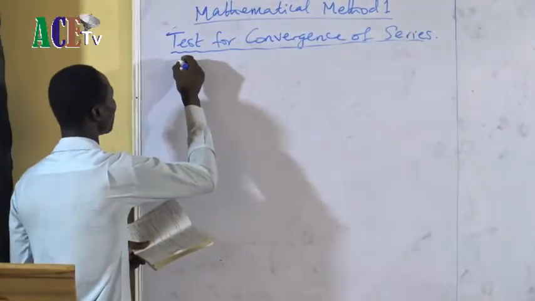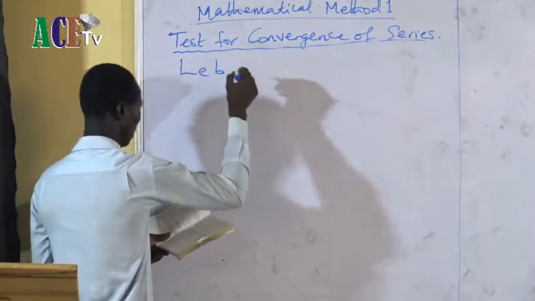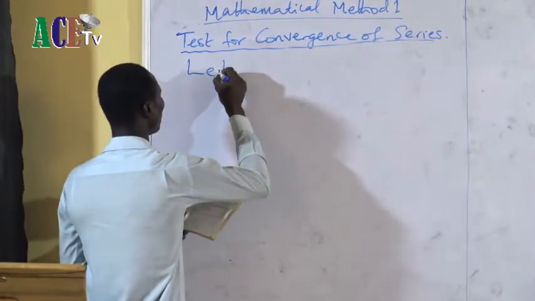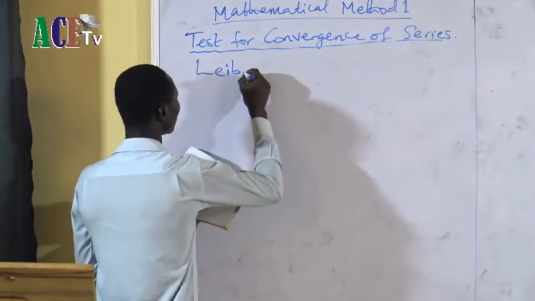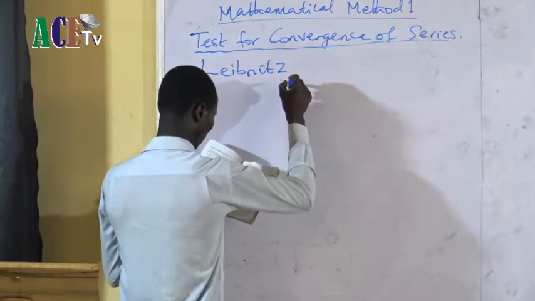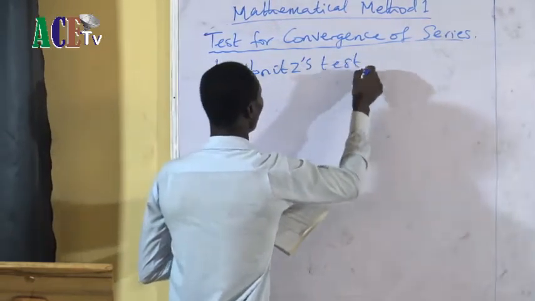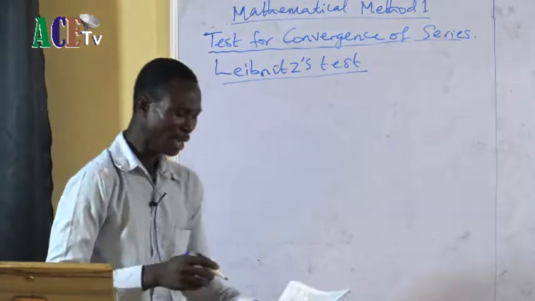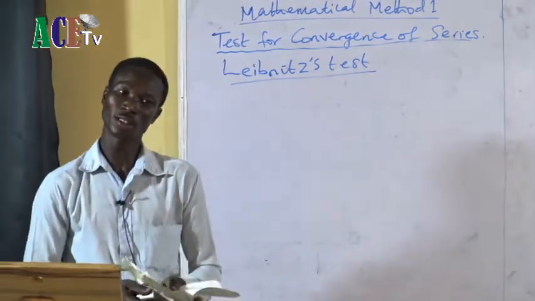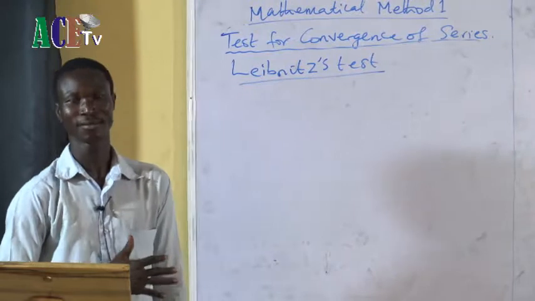And we have that the 4th one is the Leibniz test. The Leibniz test can also be called the alternating test.